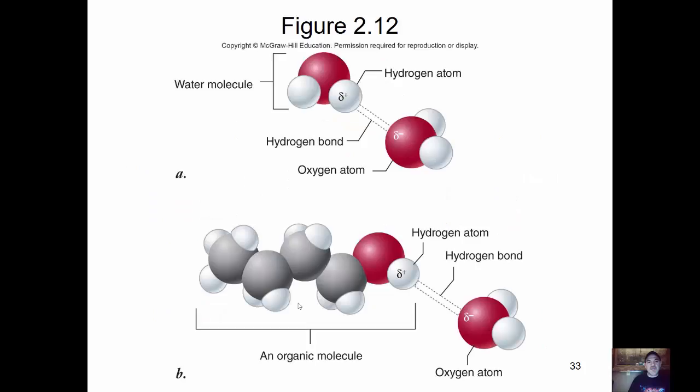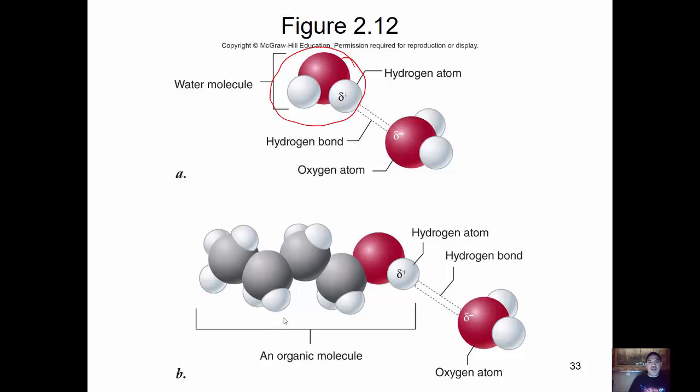Here is a simple drawing showing two space-filling models of water molecules. There's your first water molecule up at the top, a hydrogen with its partial positive charge, and here's the oxygen of the other one. The dashed lines indicate the hydrogen bonding, or that attractive force between the two.